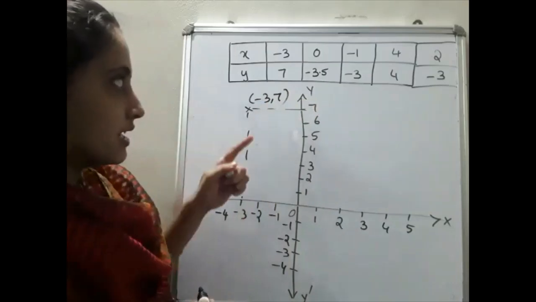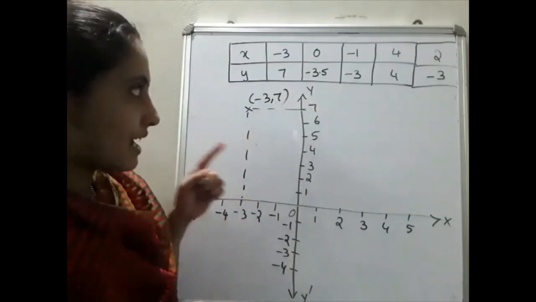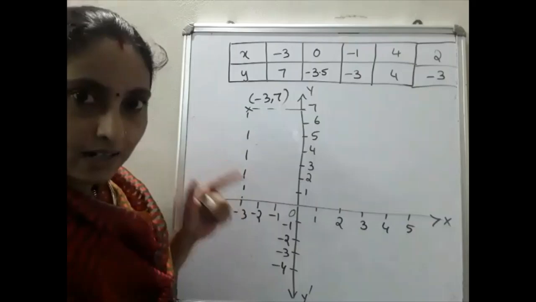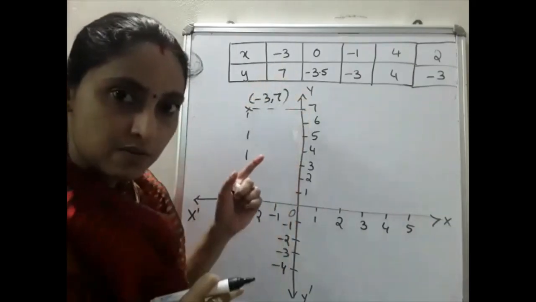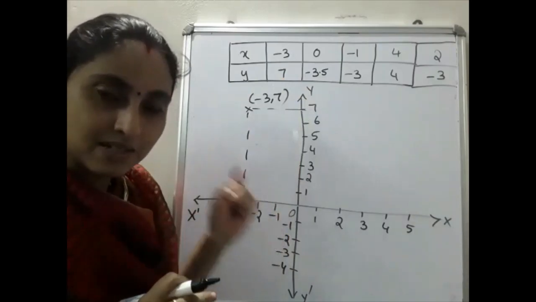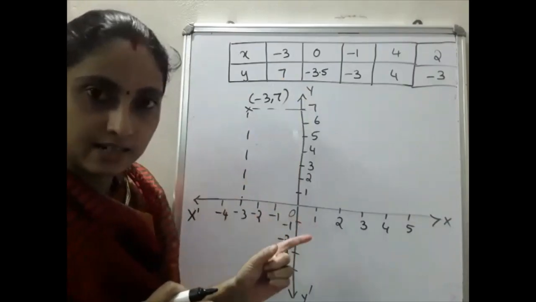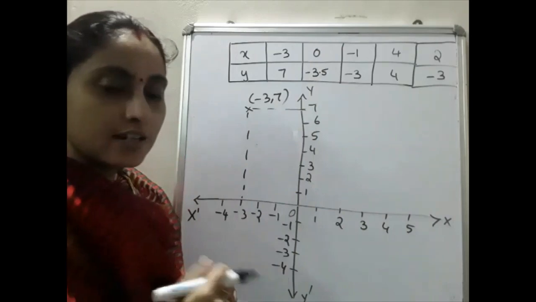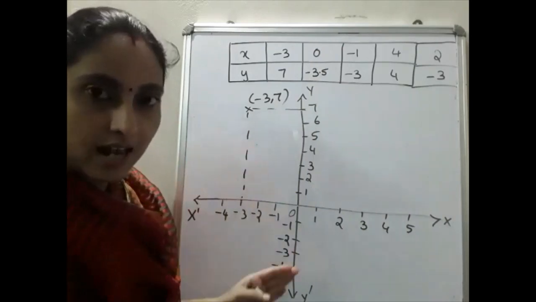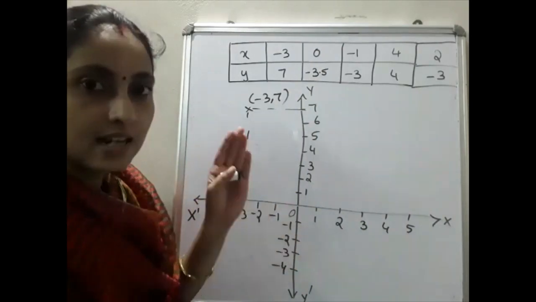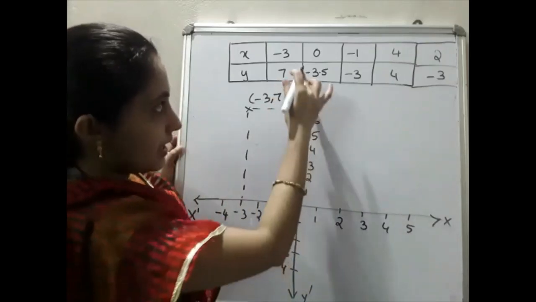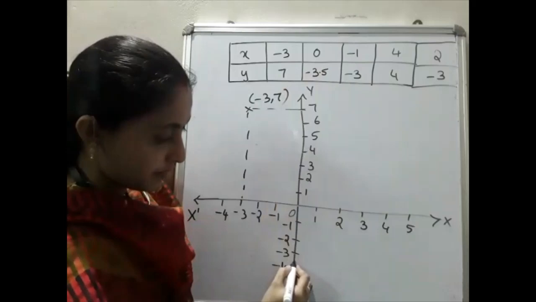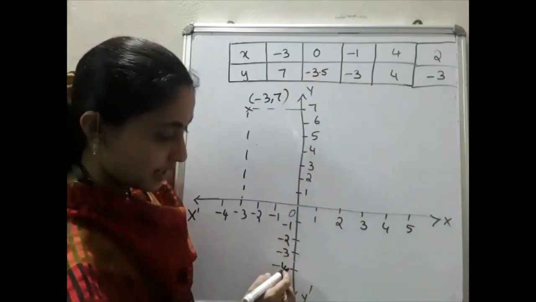Okay. Next point is (0, -3.5). So (0, -3.5) means what? See, if it comes 0, that lies on the x-axis or y-axis. If the x is 0, which axis does it lie on? x is 0 means it lies on the y-axis. So negative means down. So -3.5. 3.5 is what? Middle of -3 and -4.